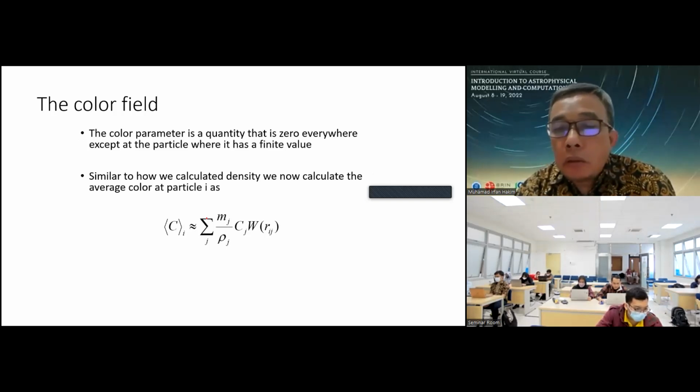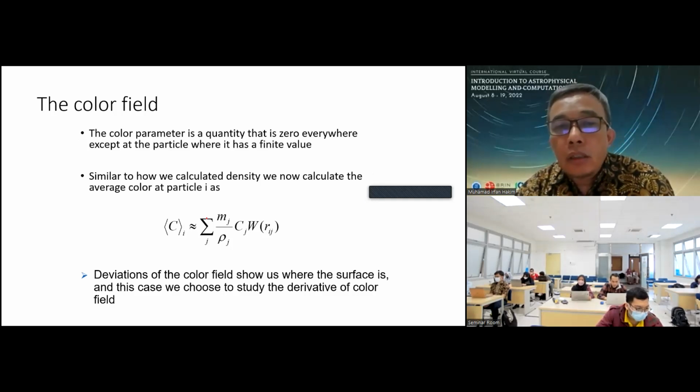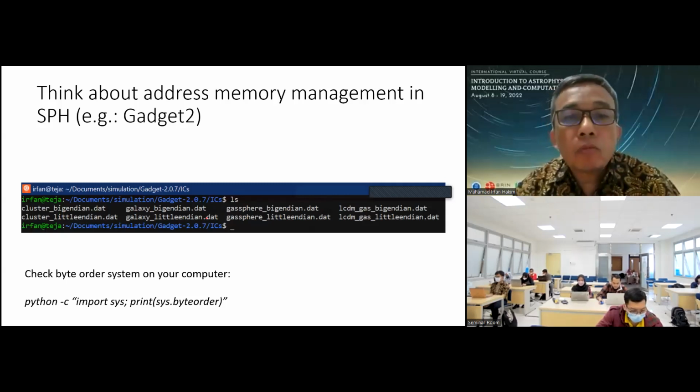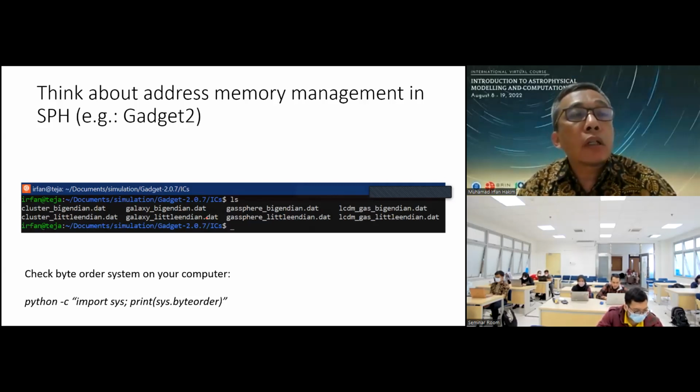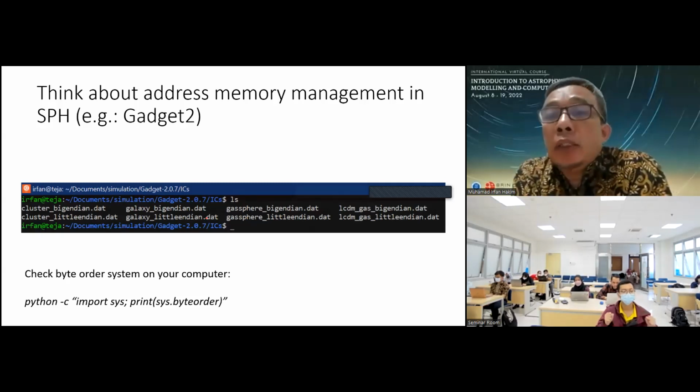For the last discussion of the session, an example of SPH software.